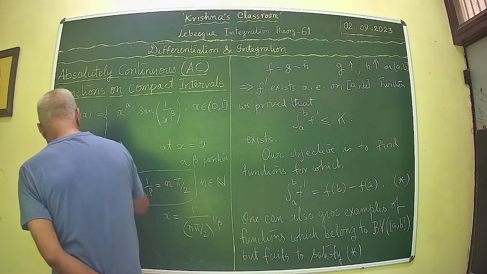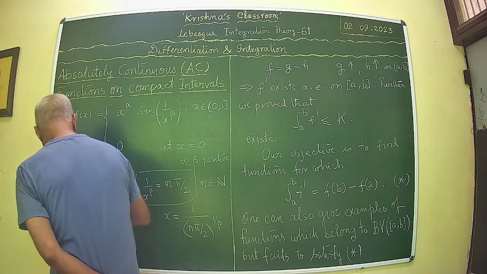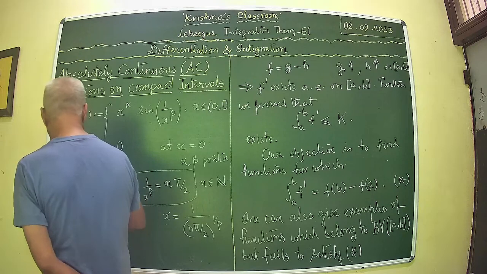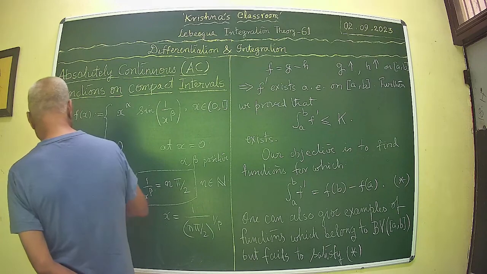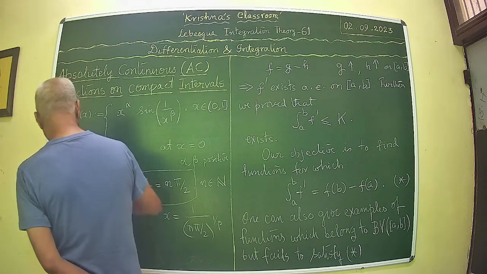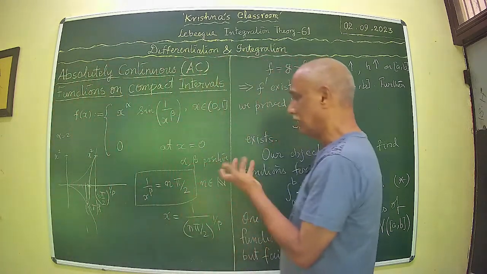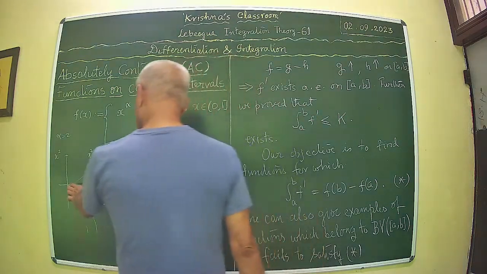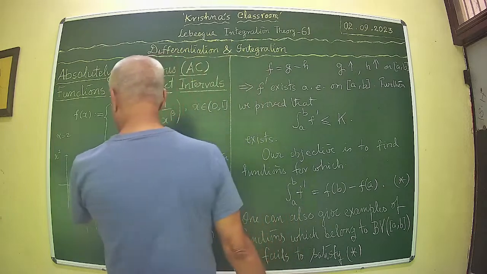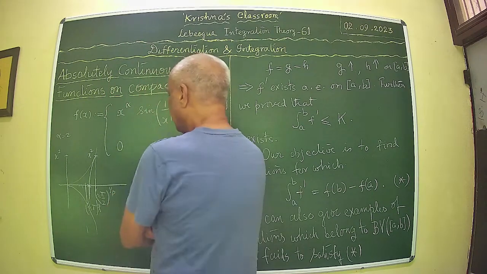So the function is moving like this, and then at the next point it takes the value minus x square, where x is given by this number, and so on. So what you have is, when you work out the variation over a partition where we choose this set of points, eventually the question would be the following.